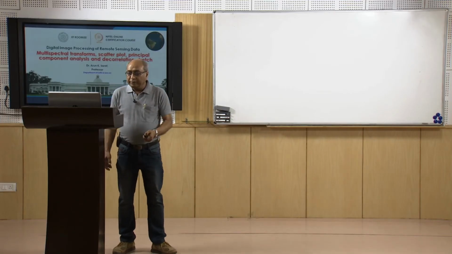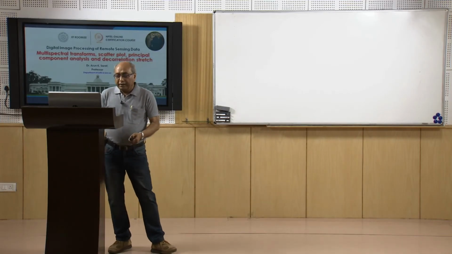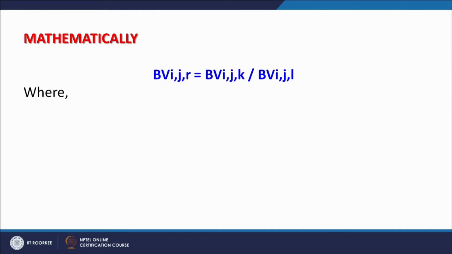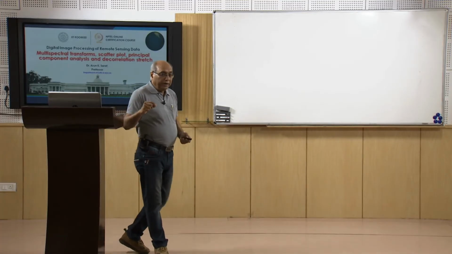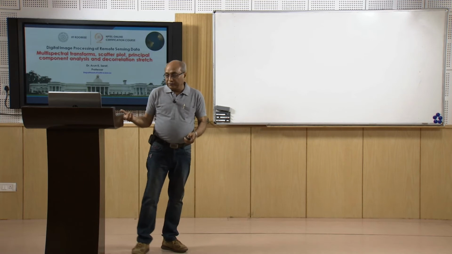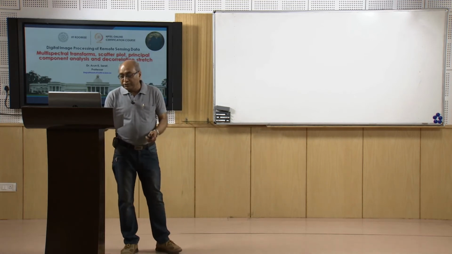So mathematically, basically, if you look at it, BV_ijr equals BV_ijk divided by BV_ijl, and in this one BV_ijk is the brightness value at the location line i, pixel j, in band k of the imagery. That means band 1 in this case, k equal to 1, we can consider.